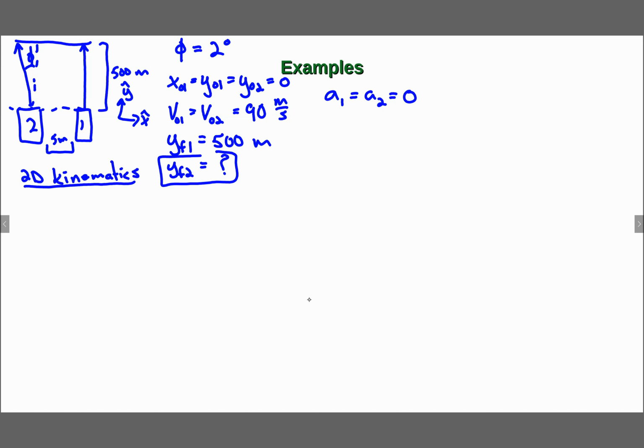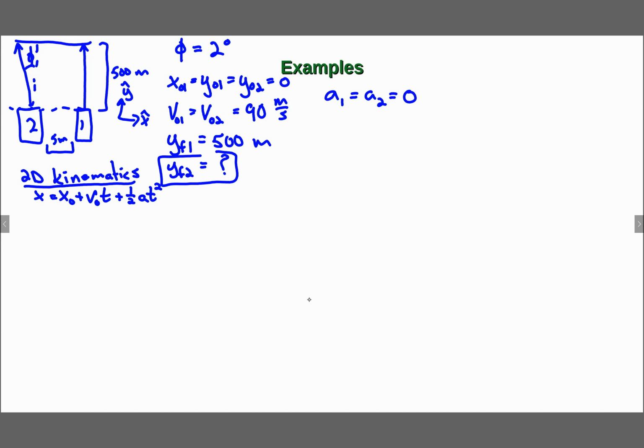So we're going to use the equation x equals x0 plus v0 t plus 1/2 a t squared. First let's consider car 1. Car 1 has no motion in the x direction, so we're not worried about that.